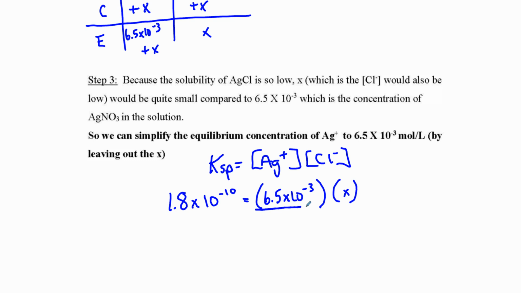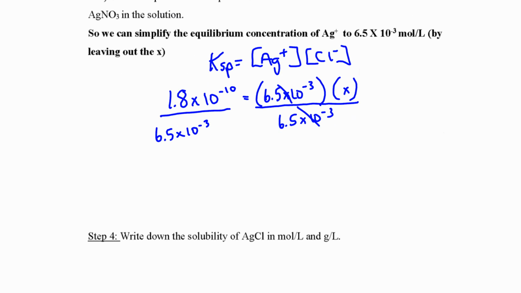All I really need to do here is divide by this value on both sides, and then I'll know what X is equal to. Okay, so when you calculate that, you get that X equals 2.8 times 10 to the negative 8.